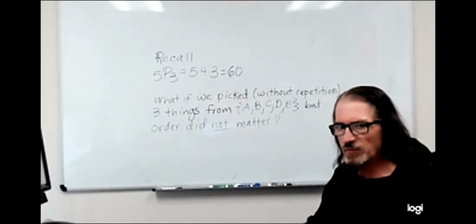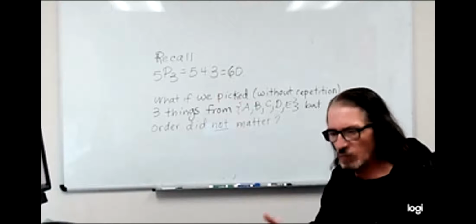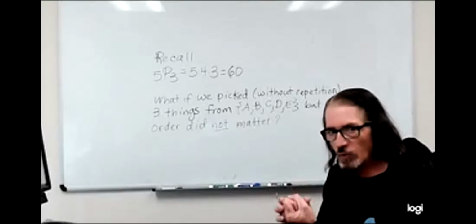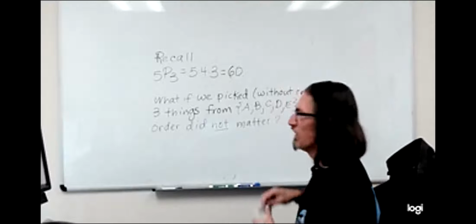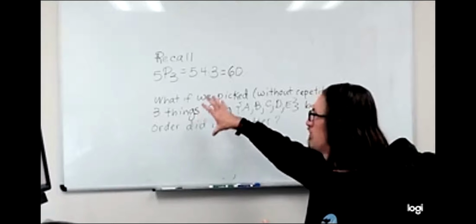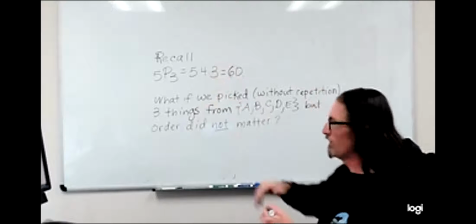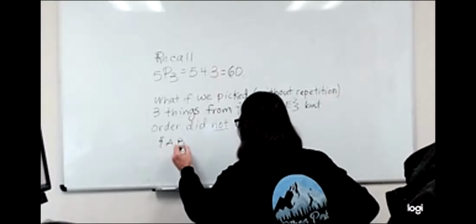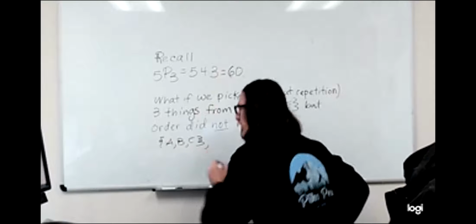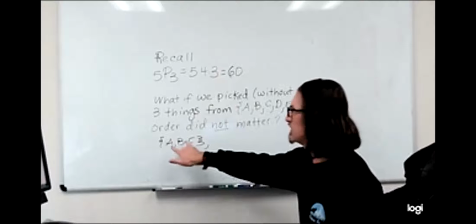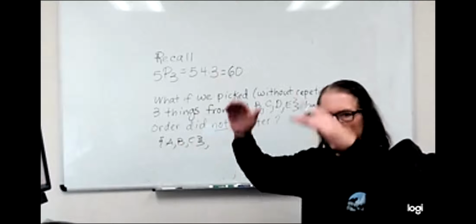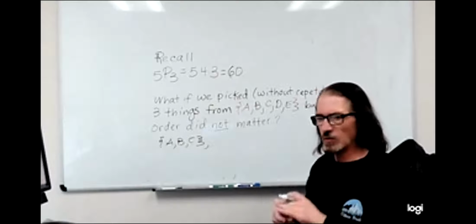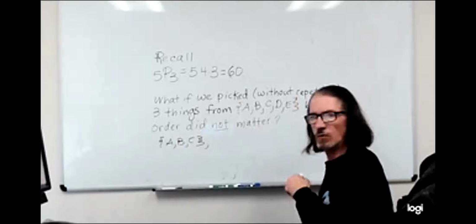I claim that there are 10 ways that we could pick a triple where order does not matter. And then we'll talk about the connection between this versus this. I could pick A, B, and C. Notice that I'm putting the curly braces there because order does not matter. The parentheses would be suggesting an ordered triple. This is an unordered triple.